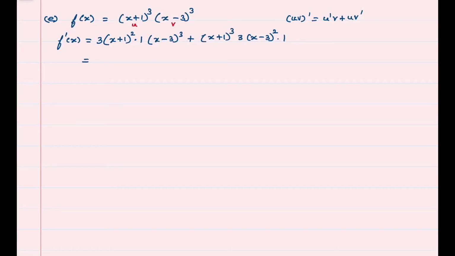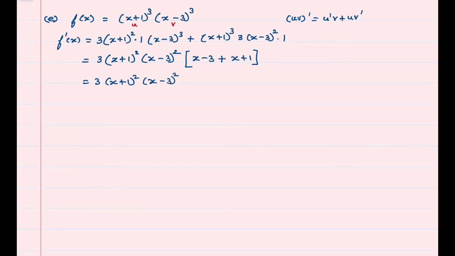Before equating it to 0, always do factorization. 3 times (x plus 1) the whole square times (x minus 3) the whole square. We get x minus 3 from the first term and x plus 1 from the second term. 3 times (x plus 1) the whole square, (x minus 3) the whole square, 2x minus 2.